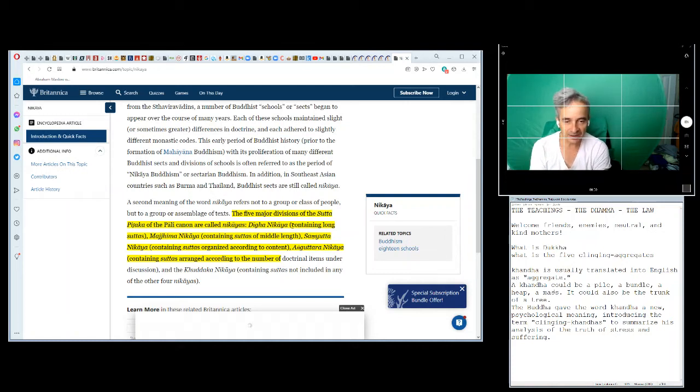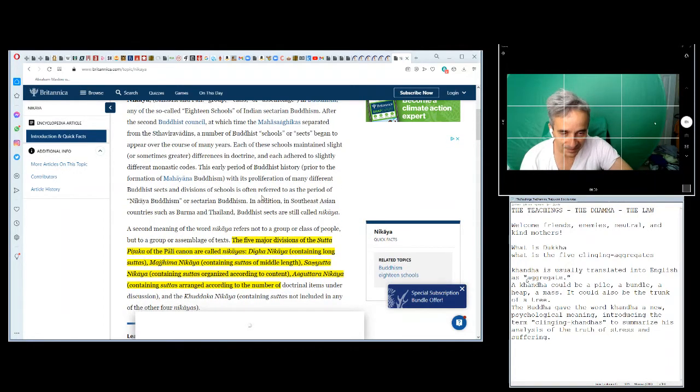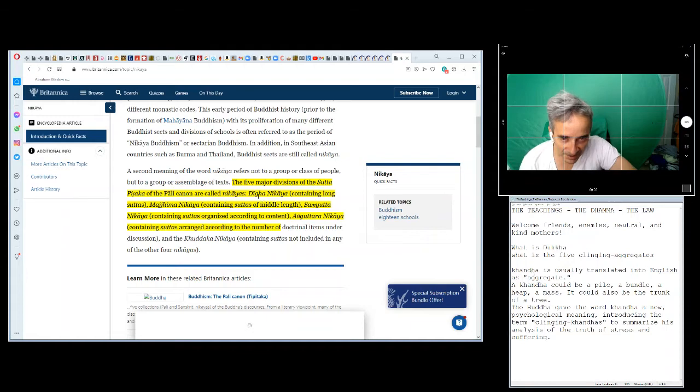So 4 plus 1. Okay, the Digha, the Majjhima. They're middle length, so Majjhima could mean middle, not too long, not too short. The Samyutta, so it's organized according to content. The Anguttara is arranged according to the number of doctrinal items under discussion.